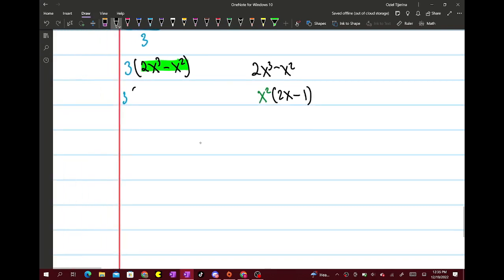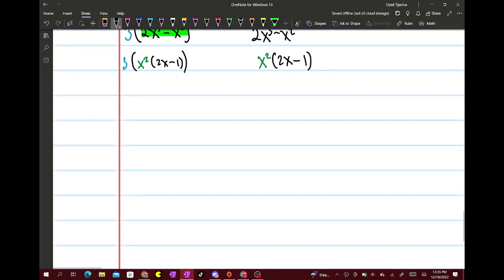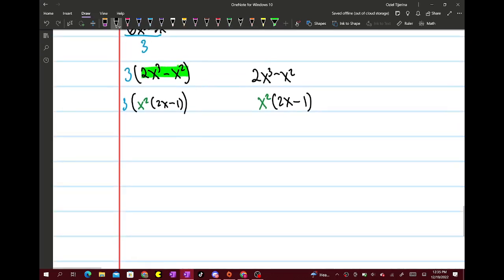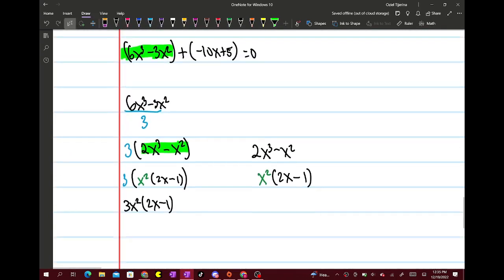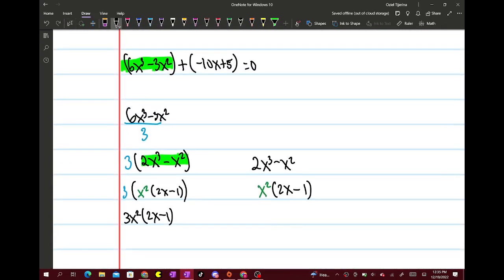So this would be times the quantity, and we're going to do x squared times 2x minus 1. So really, this whole thing factors as 3x squared times 2x minus 1. So that is how you factor this first part. So this becomes 3x squared times 2x minus 1, right? So that is this part here.